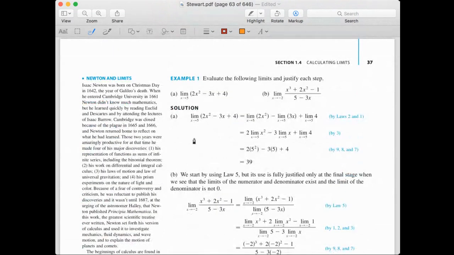So let's see this example. This example is for a polynomial function, right? We want to find the limit as x approaches 5. Well, 5 is in the domain of this function. If it's in the domain, we just plug in. Right? So for any polynomial function, the limit is just the function value.